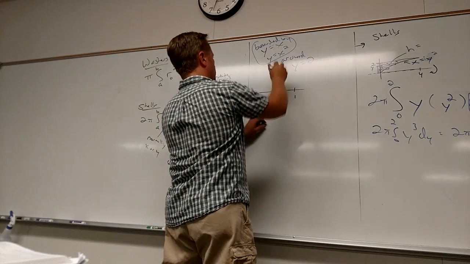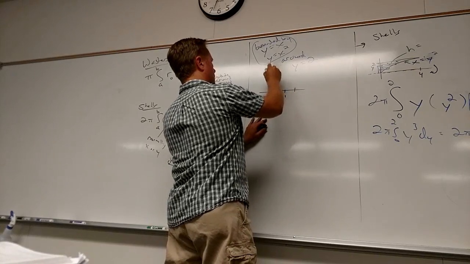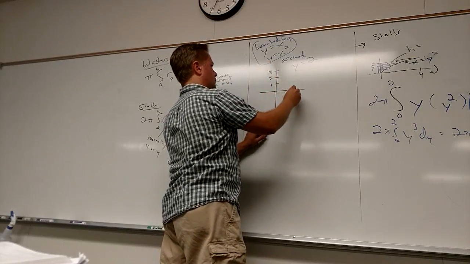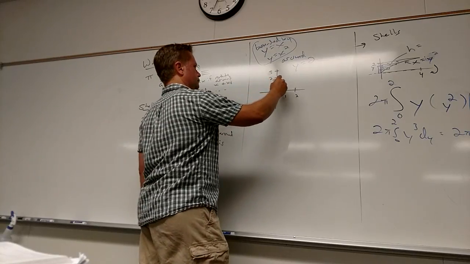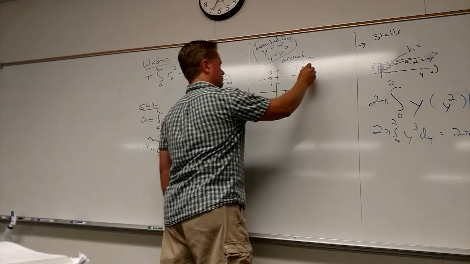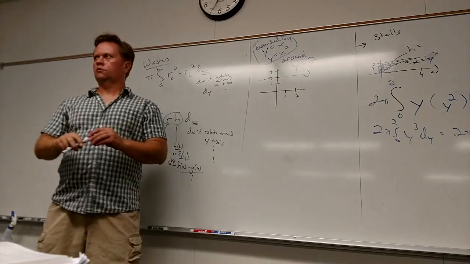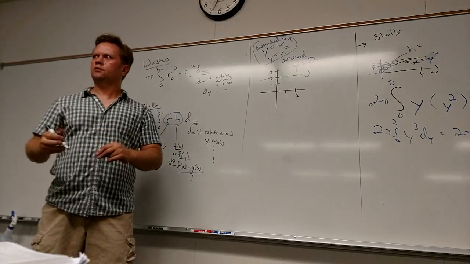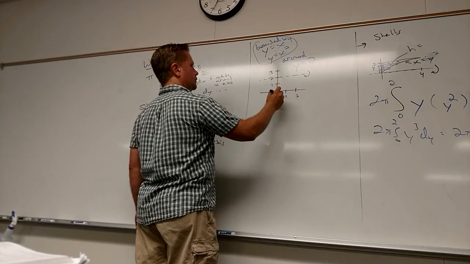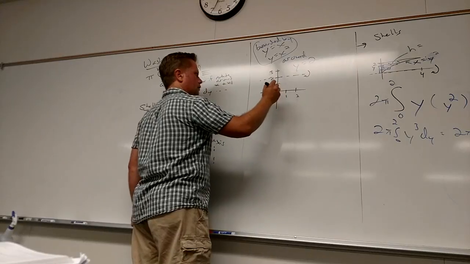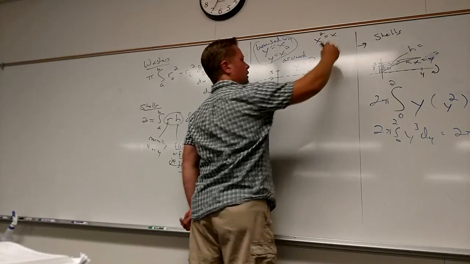All right, so what's this little region look like? They meet at what points? If you have to, x squared equals x. That's what you're curious about.